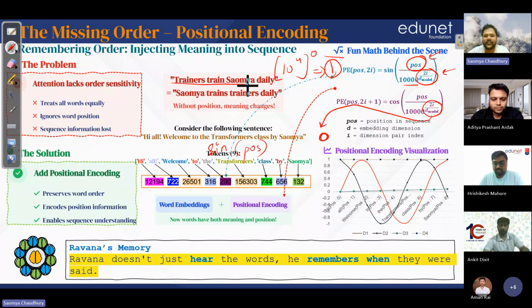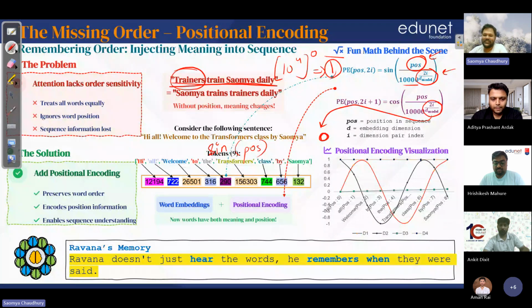Take the sentence, trainers train Saumya daily. What is the value of position for the first word? I start with the zeroth index here, so it will be 0. Exactly. For computer scientists, one thing to be kept in mind is that they start with 0.